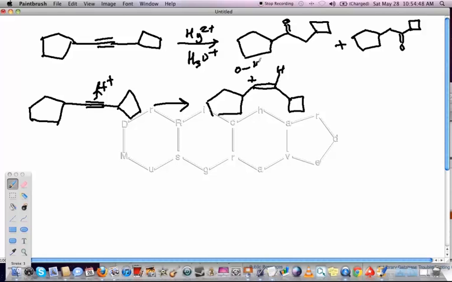We'll have the water come in and attack the plus. Again, notice the bond geometry I'm using here, showing 120-degree bond angles about the double bond.